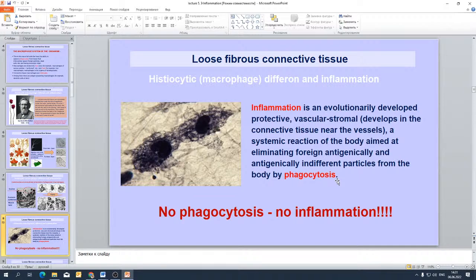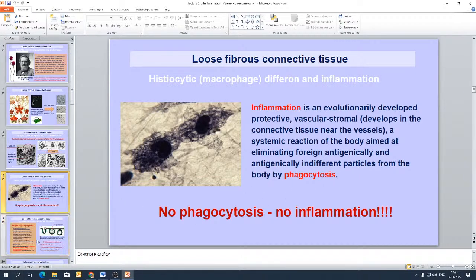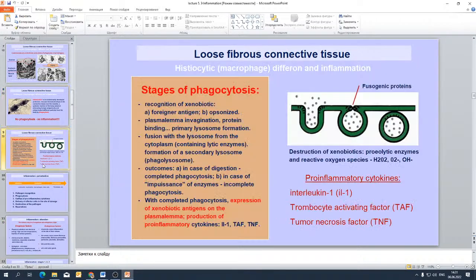Cytokine. I show a picture. Next picture. So, phagocytosis. Phagocytosis forms like this: you read recognition of xenobiotic, foreign antigen, opsonization, plasmalemma invagination.